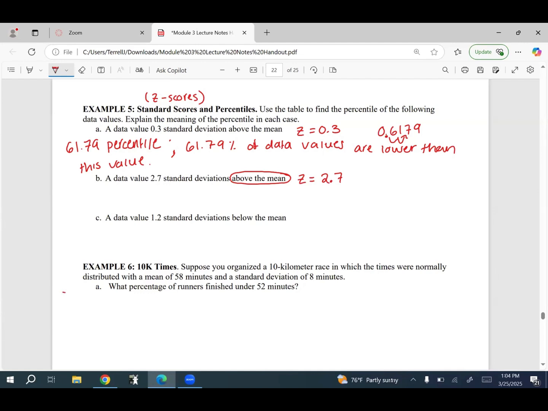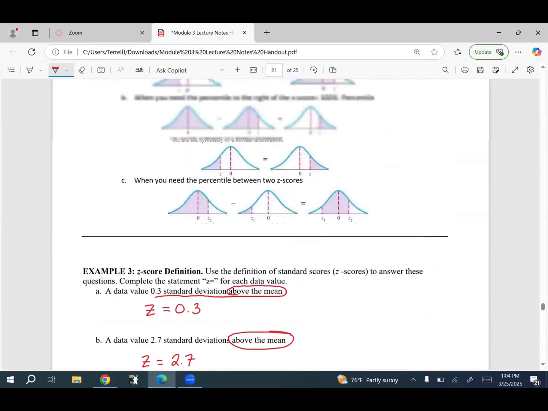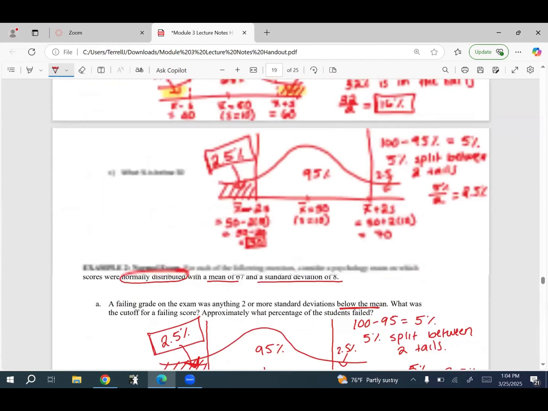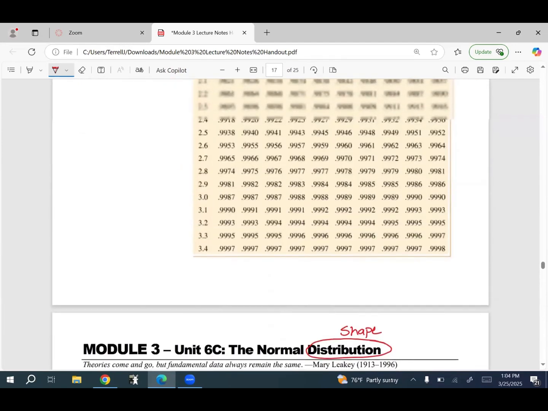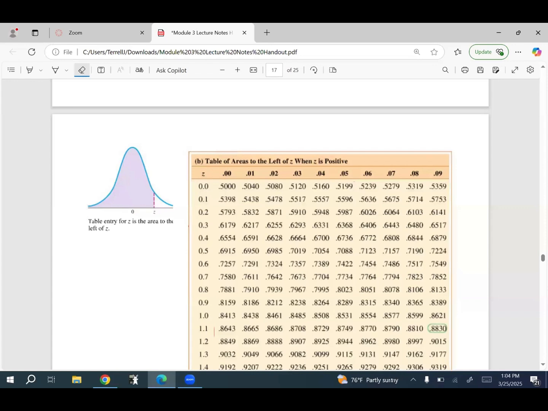So I'm going to go to my z-table and find the percentile with a z-score of positive 2.7. We're on the positive z-table, and let me erase some of these marks here. Make sure it says positive.